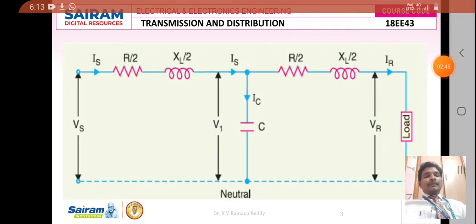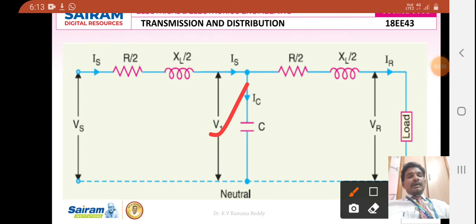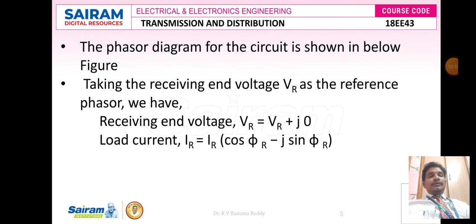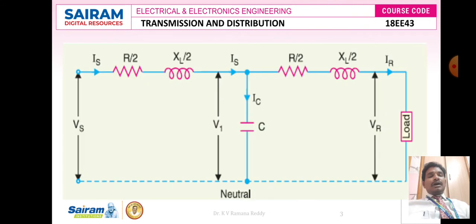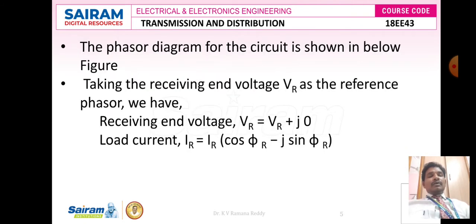IC is the current flowing through the capacitor, called the charging current. With respect to these parameters, we are going to draw the phasor diagram which gives the relation between one parameter and another, taking the receiving end voltage VR as the reference.